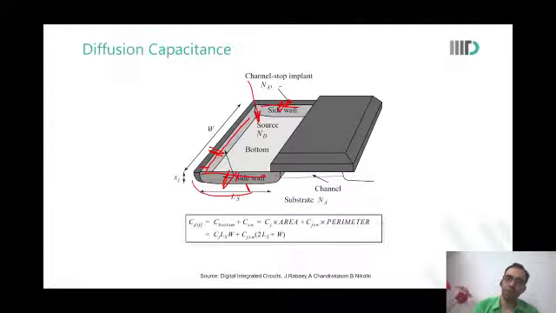So what do we say? Let us measure the perimeter and then multiply it with the number, which is C junction side wall. And let us measure the area, that is the extension and the width.